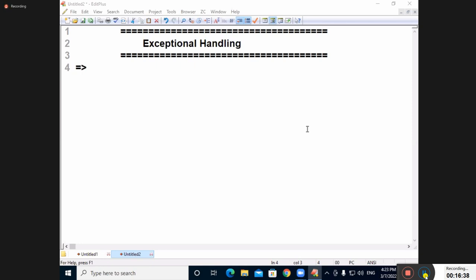Behind every project development in real time, one language is compulsory. Without a language, it is not a full-fledged project and not a real-time project. If anybody develops a project using HTML, JavaScript and small things, after 6 months they need to rewrite that project. 90% of the real-time projects are developed with languages and technologies.